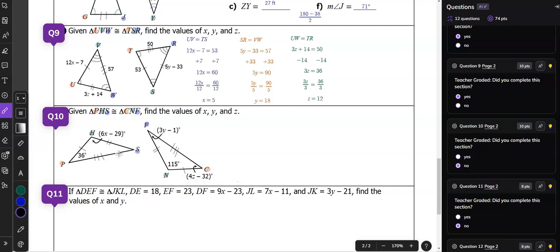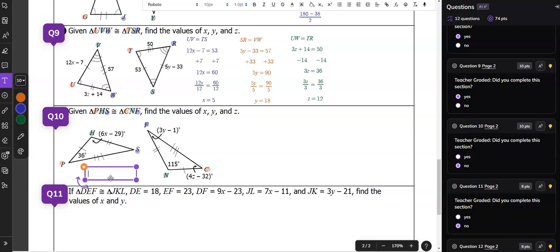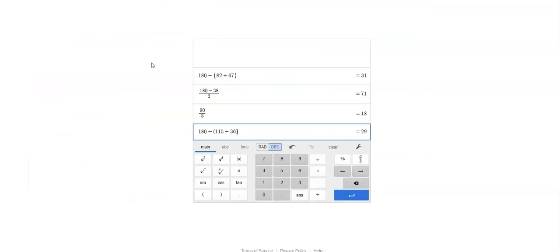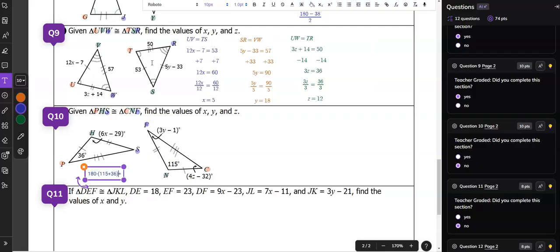We have angle N, which is the same as angle H, but we have nothing to tell us the measure of angle S. So first, let's find the measure of angle S by taking 180 and subtracting the sum of the two known angles, 115 and 36. This is going to make it a lot easier for us as we get to the problems. So angle S is 29 degrees.